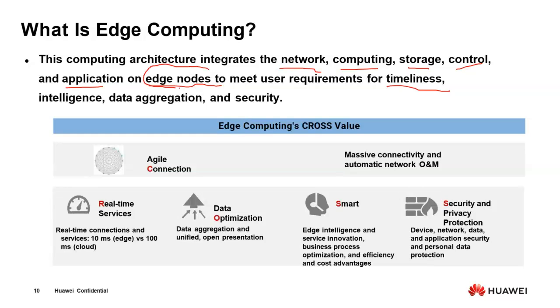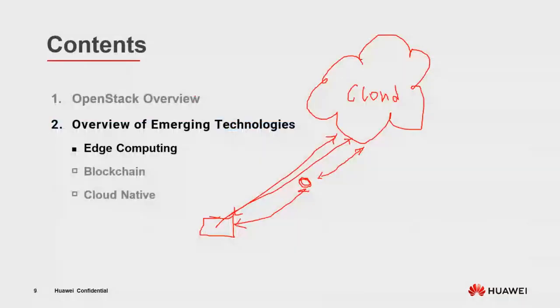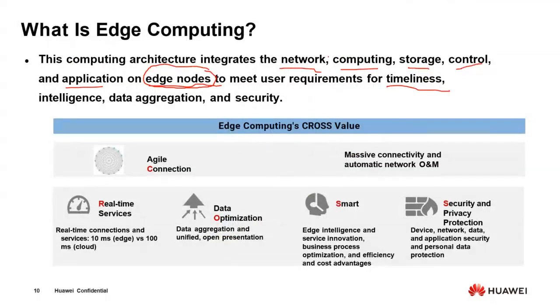When we say a node of a cloud, this is just a node of a cloud. It's a node that will be closer to the devices that we have now and performs the same function as the cloud, but at a faster time. And then, of course, it will keep records of that with the cloud.